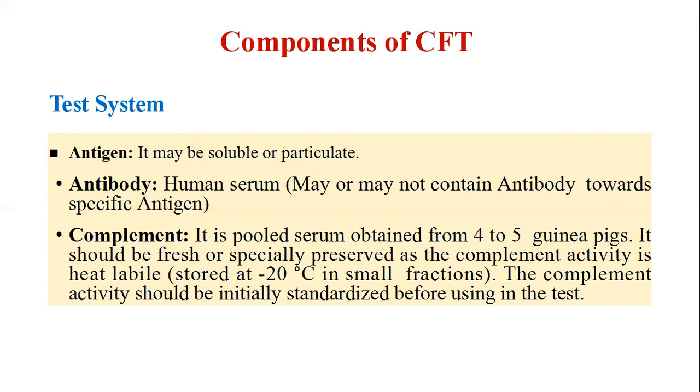As I said, complement protein subunits are very heat sensitive, or heat labile. So we have to prepare this complement from guinea pig serum, and it should be fresh and preserved at minus 20 degrees centigrade to retain its function.